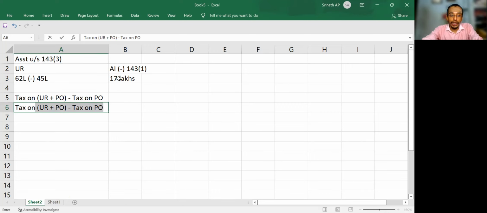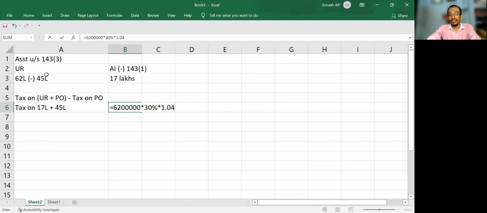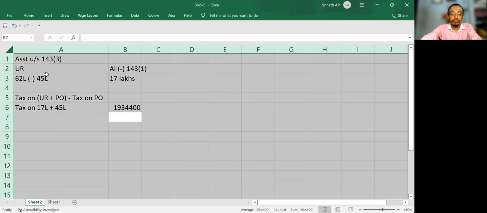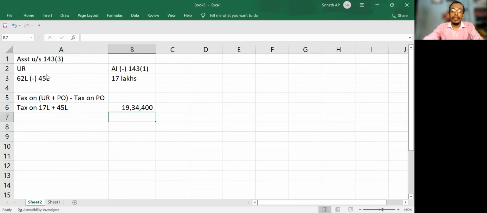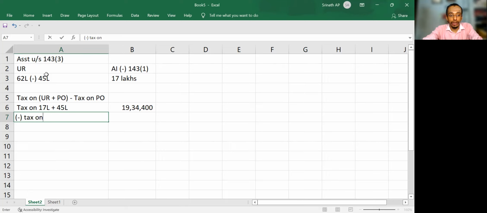So it will be tax on 17 lakhs plus 45 lakhs, which will be on 62 lakhs, multiplied by 30 percent multiplied by 1.04. That is cess. So we'll have 19 lakh 34,400.